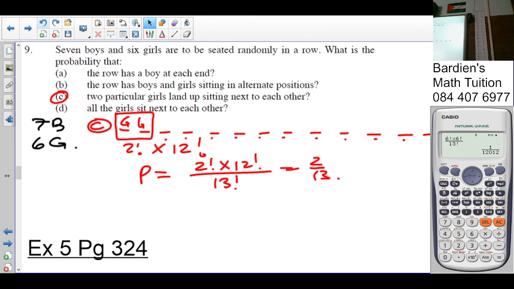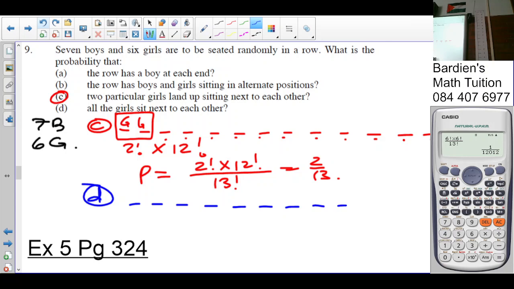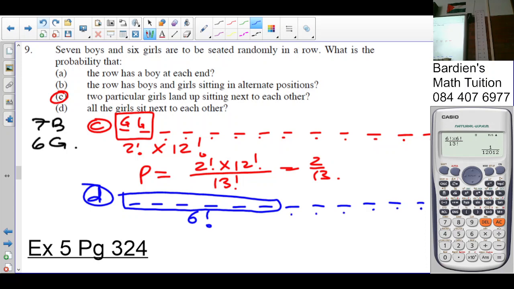And then the last one. All the girls are to sit next to each other. So how many girls are there? 6. So we bind 6 seats, and they can sit in 6 factorial ways. They become one entity now, so with the other 7 people that is 8 units, giving 8 factorial.